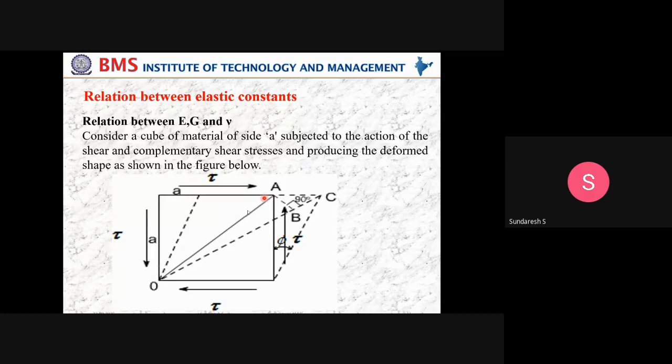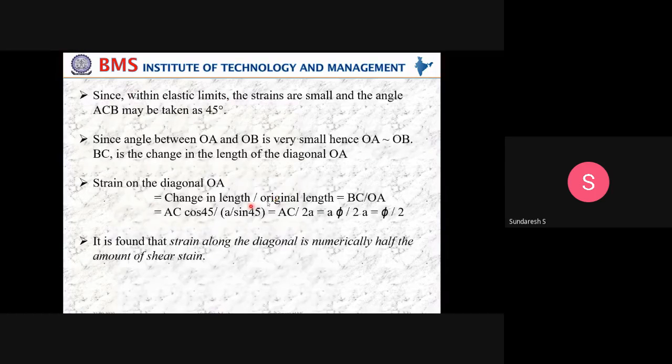Sine 45 is opposite side by hypotenuse. So what we want is OA. So OA is equal to A divided by sine 45. If you take 45 here also, this will be A only, not an issue. You can do like that also. So what we have done here is, we have substituted OA as A divided by sine 45.